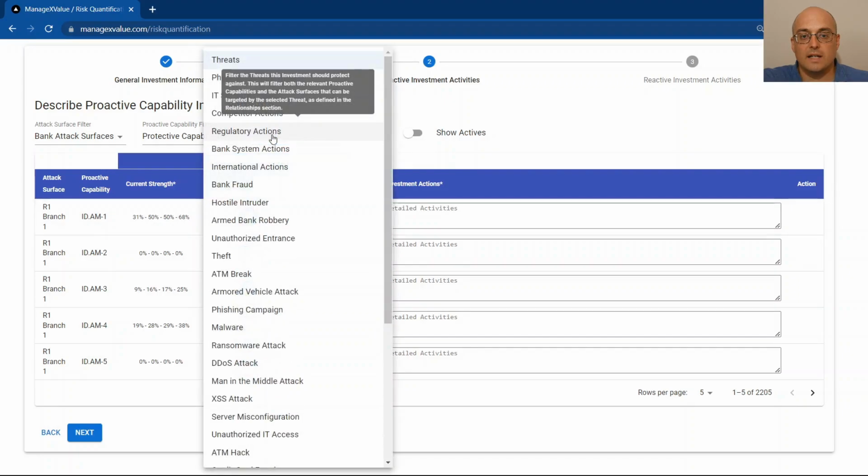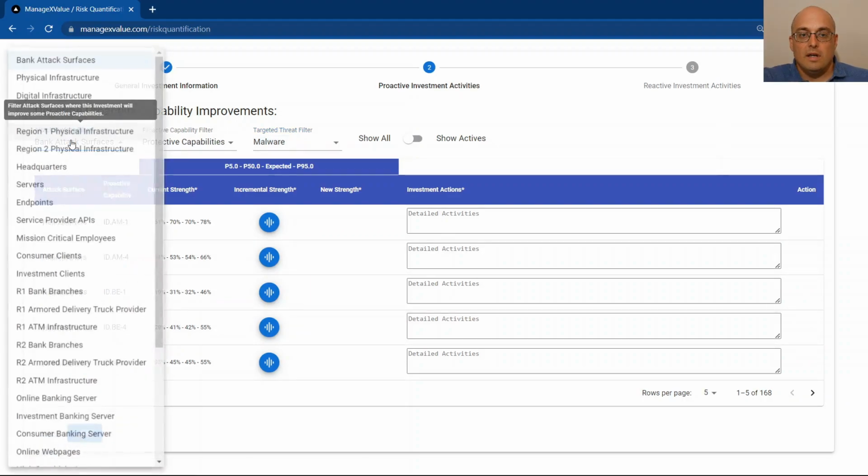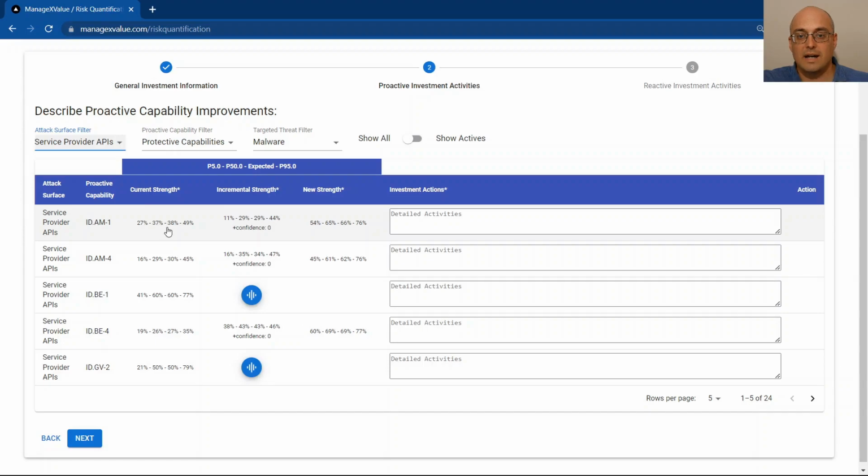But we already defined that from a threat perspective, we will focus on malware. So now we just filter down to those attack surfaces and capabilities that can be targeted by or that can be relevant against malware. And we also defined already in the previous analysis that we will focus on service provider APIs.